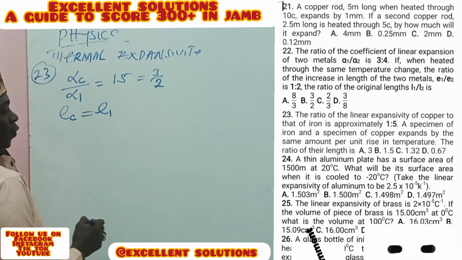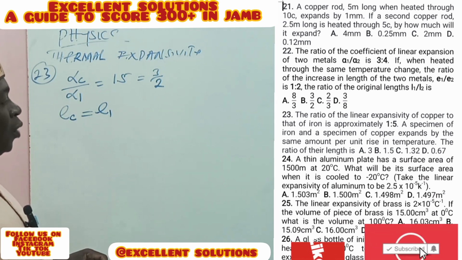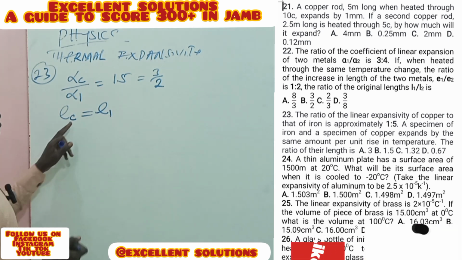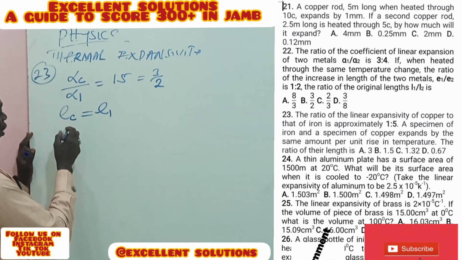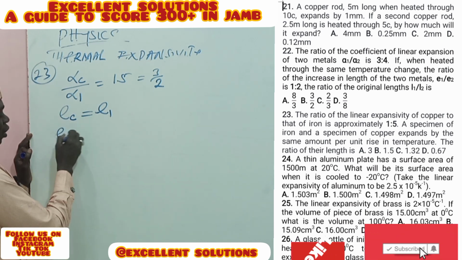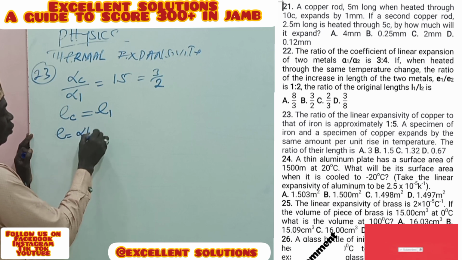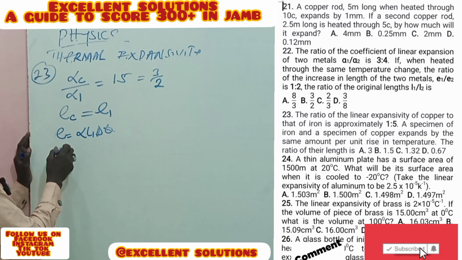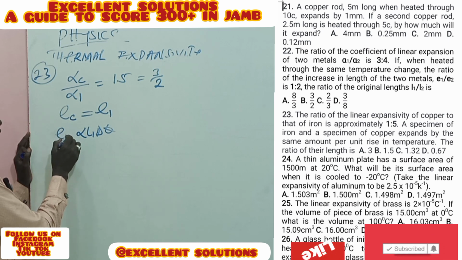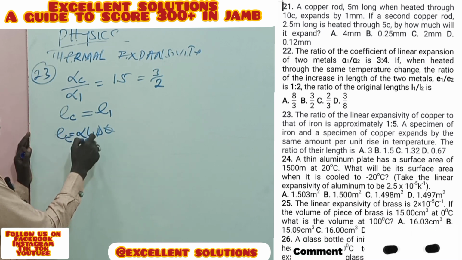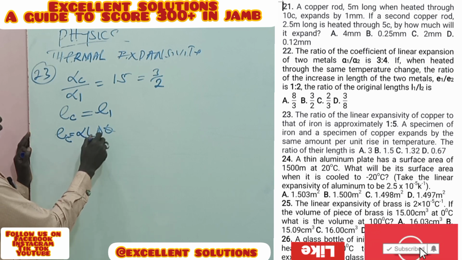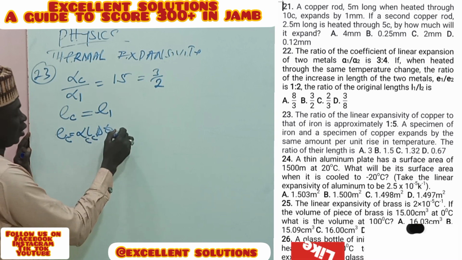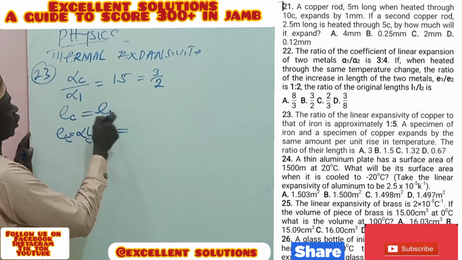So we are asked to look for the ratio of their new length, so if you now look at it, expansion of copper, we said expansion E equals alpha L1 delta theta. So expansion of copper is equal to alpha of copper, length of copper, delta theta of copper, since the delta theta is the same, is now equal to expansion of iron.